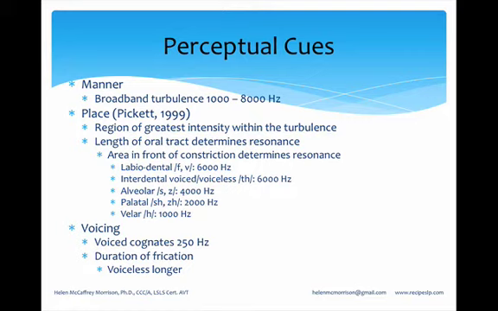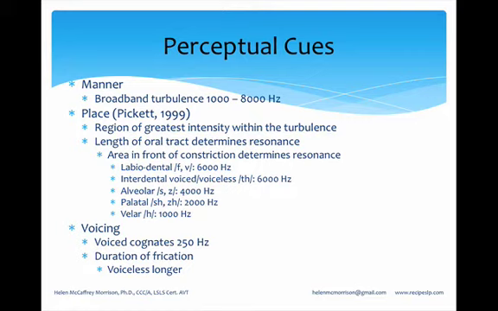Now, when we are listening to a fricative, we identify the place of articulation because there is some greater intensity within this broadband turbulent sound of maybe 1,000 to 8,000 hertz, 2,000 to 8,000 hertz.